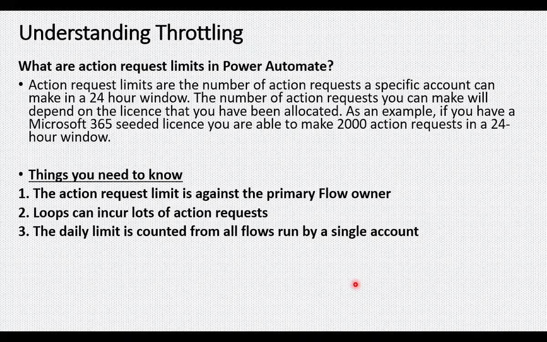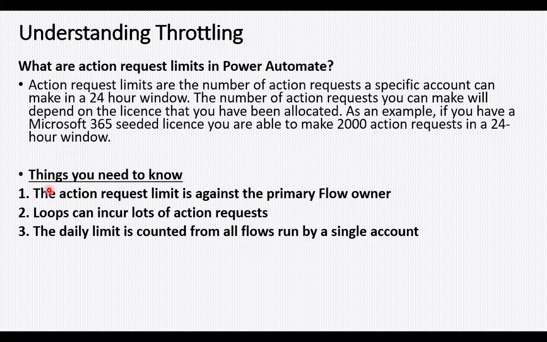Now moving on to what are action request limits in Power Automate. Action request limits are the number of action requests a specific account can make in a 24-hour window. The number of action requests you can make will depend on the license that you have been allocated. As an example, if you have a Microsoft 365 seeded license, you are able to make 2000 action requests in a 24-hour window.